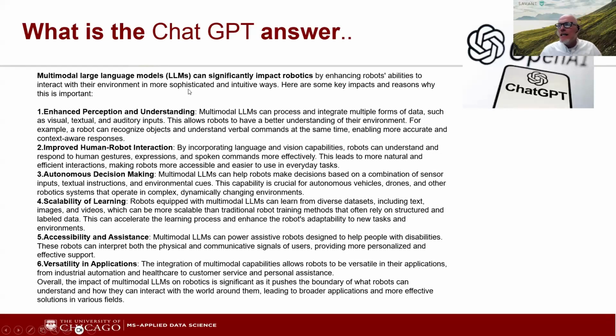And you should too. But multimodal large language models can have significant impacts on robotics because they enhance perception and understanding because we're receiving things in so many modes. They're improved human-robot interaction because now we can understand gestures and people and what's going on, and robots can respond to human responses.